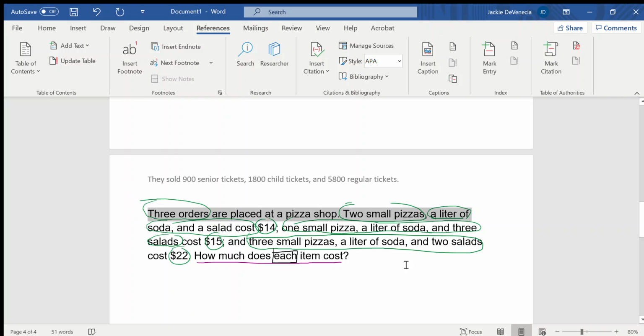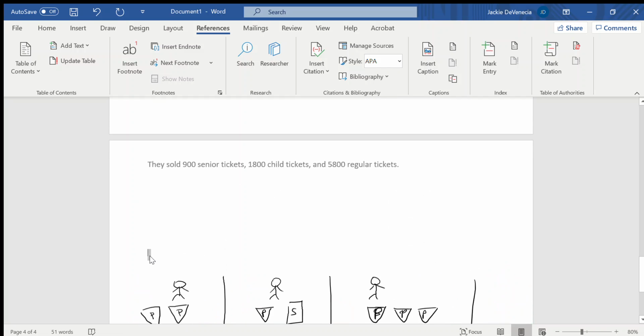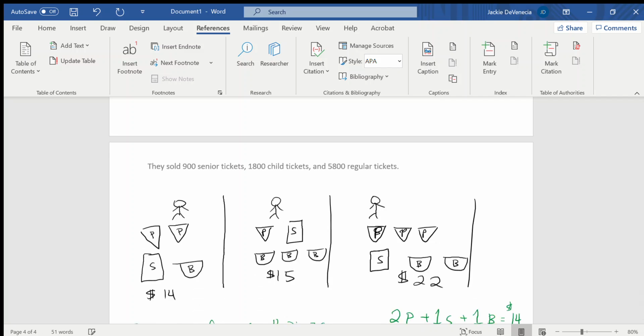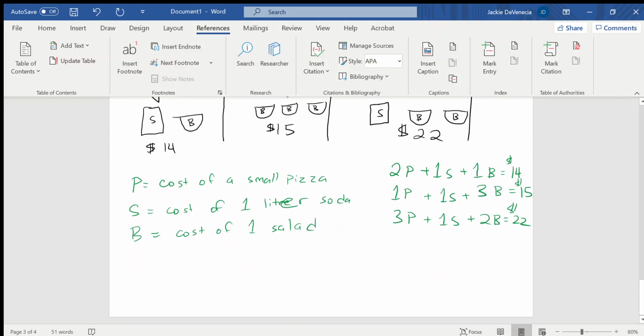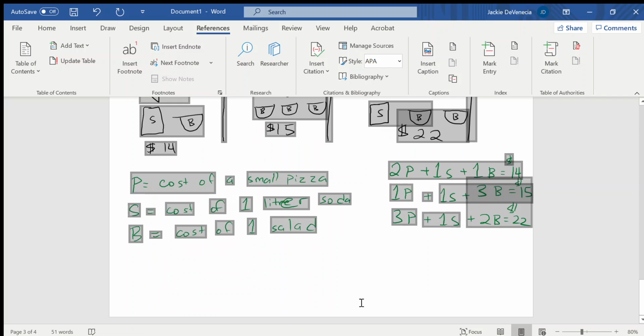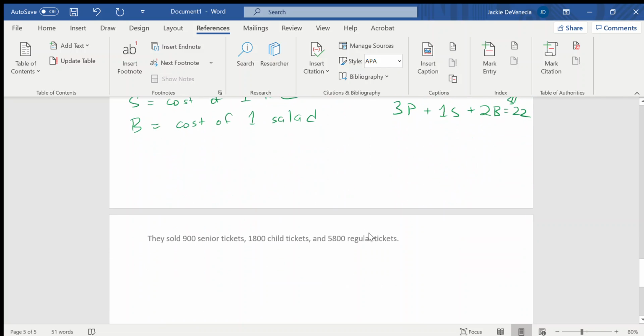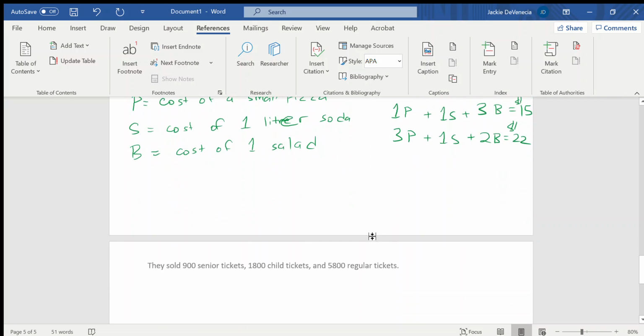Okay, so yeah, we're trying to find the cost of each item. Okay. All right, so we're going to actually use this equation right over here, right? So we're going to try to take these 3 equations and we're trying to solve them all.